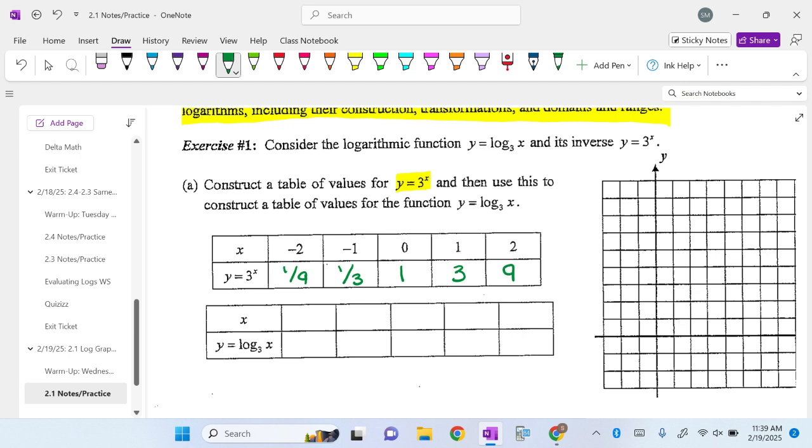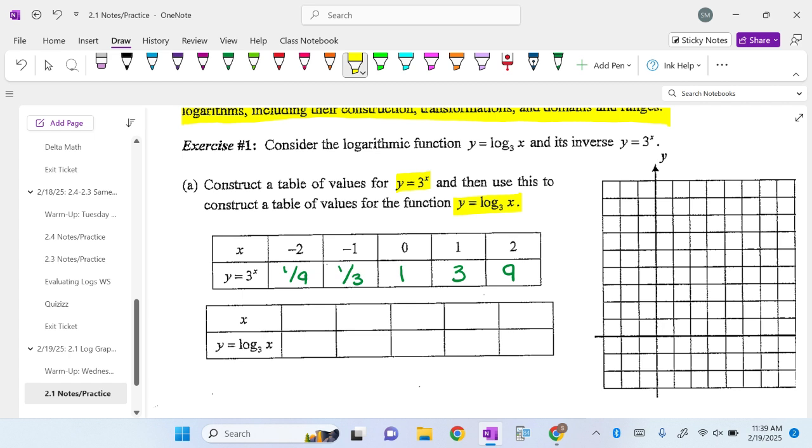Now, the inverse of y equals 3^x is y equals log base 3 of x. So this is the inverse. Now, we don't have to do any fancy calculations because what can we do if they're inverses of each other to get a new table for the log graph?